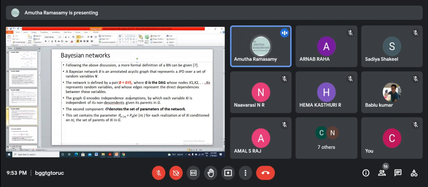So this is the equation of a Bayesian network, where G is the directed acyclic graph whose nodes represent the random variables, and whose edges depend on the directionality between the variables. So a Bayesian network is nothing but graph theory, and the information is derived based on the graph theory and with a theta function.